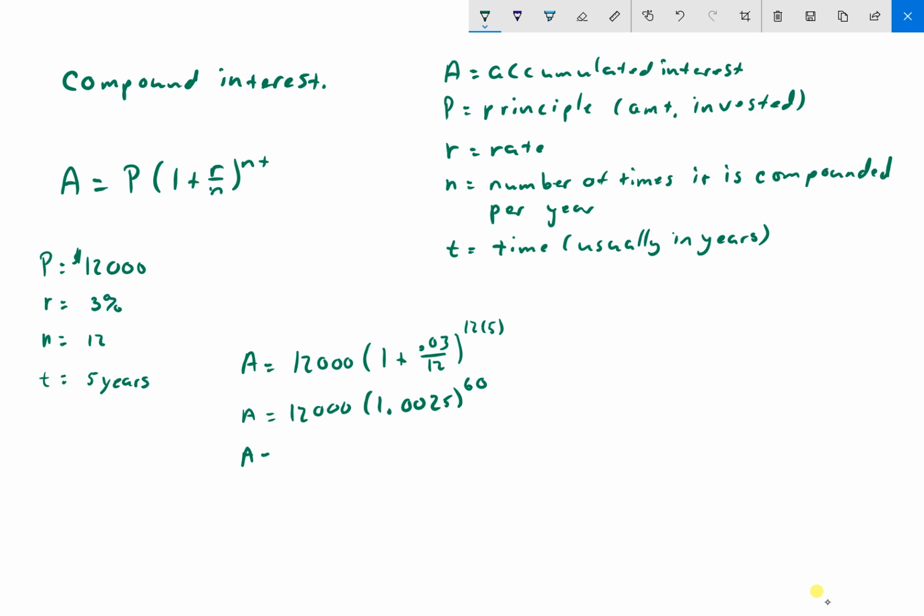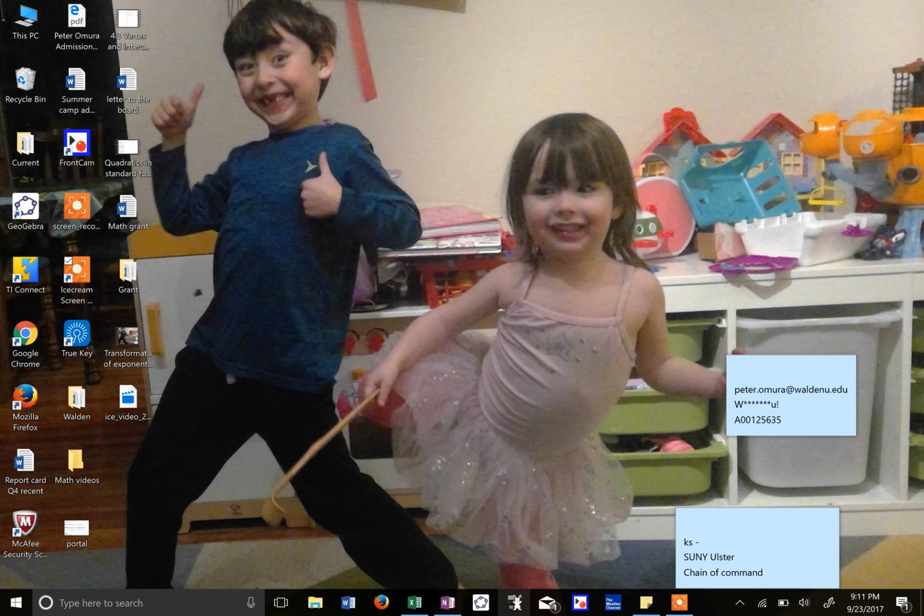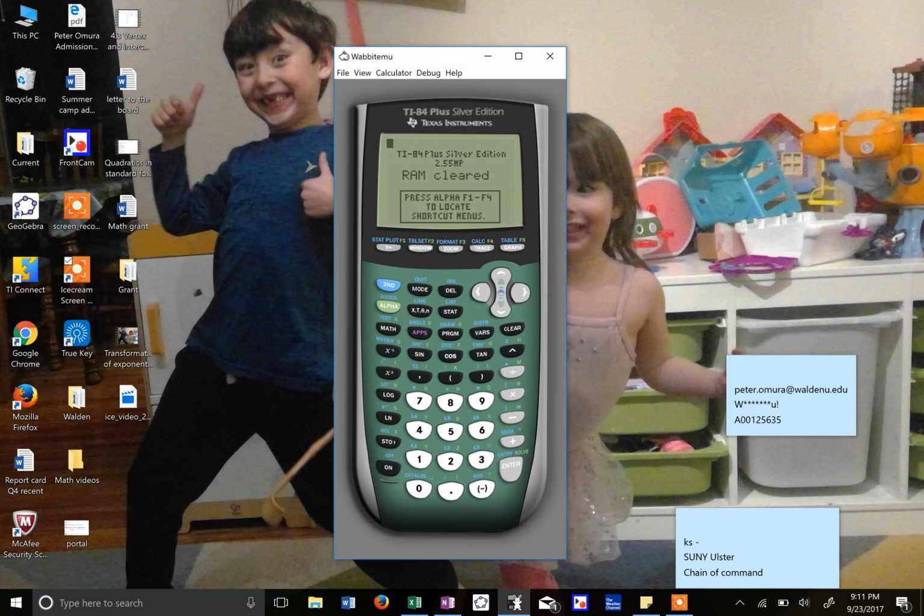So now I have A equals, and I'm going to do this in my calculator, 12,000 times 1.0025. And you have to be careful here because of order of operations.